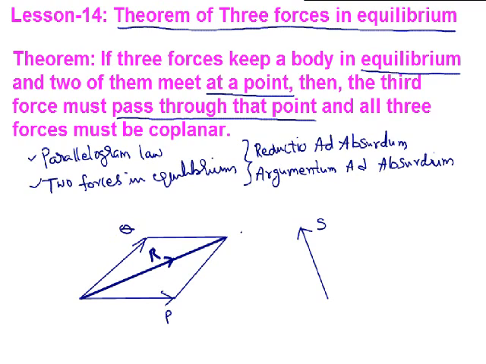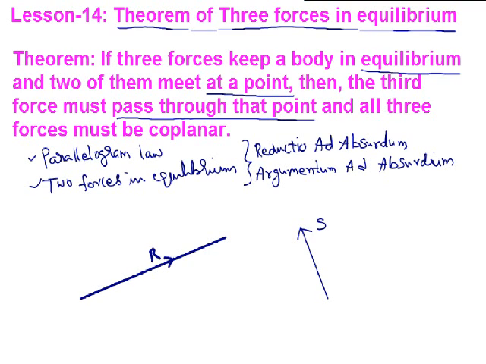Once we note this, we can get rid of forces P and Q and just retain R. So now you have R and S, two forces that are keeping a body in equilibrium. That is our original assumption: forces P and Q meet at a point, and a third force S, not passing through that point and not contained in the plane, keeps a body in equilibrium. That amounts to R and S keeping a body in equilibrium.